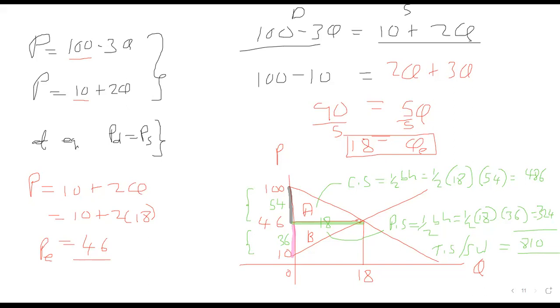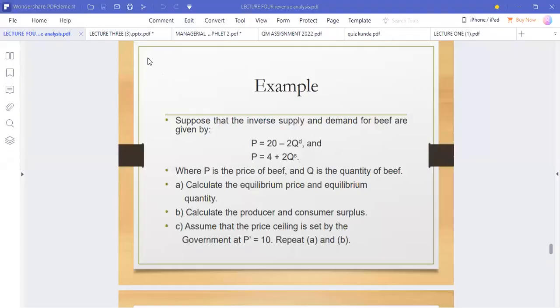Pair up so that you now try this example. Individually, I want you to find the consumer surplus, the producer surplus, and the equilibrium for this. On your tutorial sheet, I want you to try to find consumer surplus and the equilibrium. Are you able to try that?